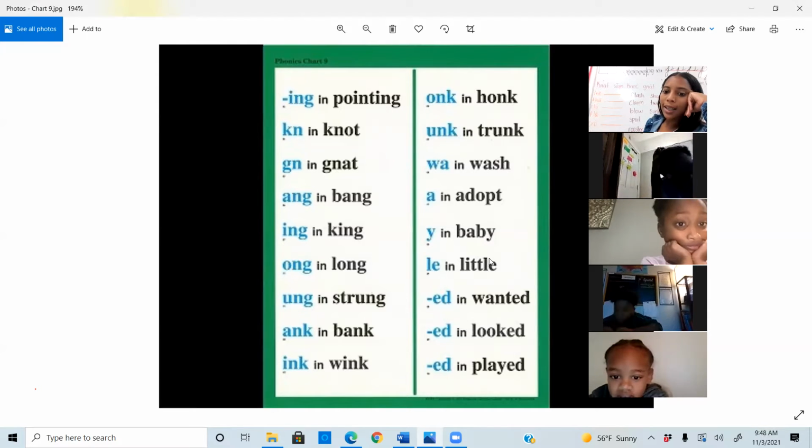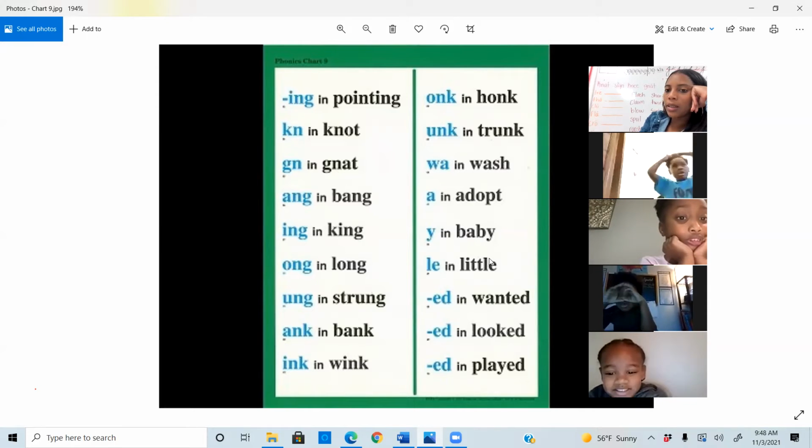E-D says ed, as in wanted. E-D says t, as in looked. E-D says d, as in played.